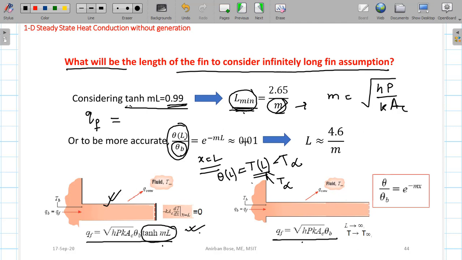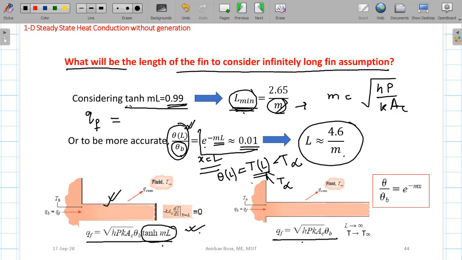But instead of 0, if we consider a very small error in terms of temperature, say 0.01, so that theta_L by theta_b is not exactly 0 but 0.01, then in the expression e to the power minus mL, you consider this finite L and find its value, and you get 4.6 by m.